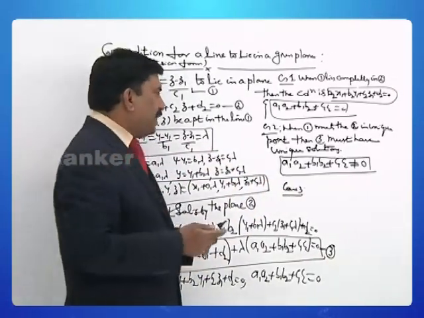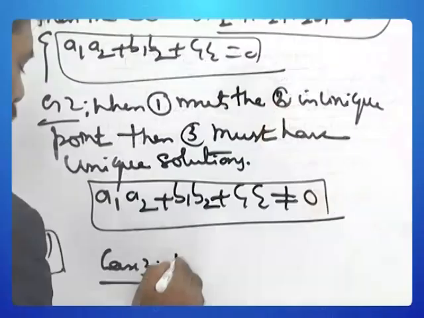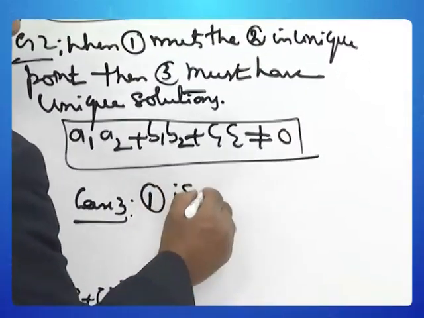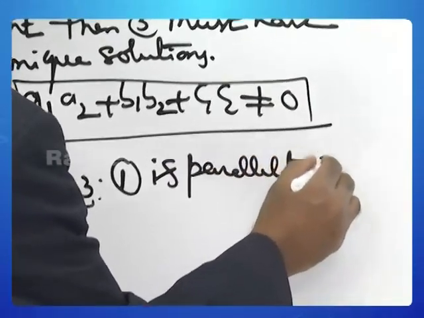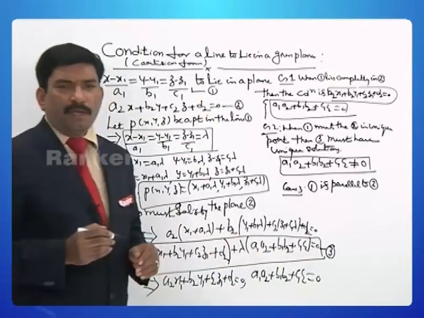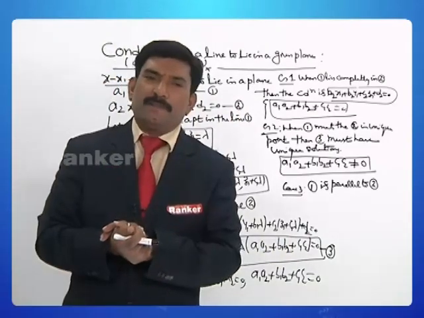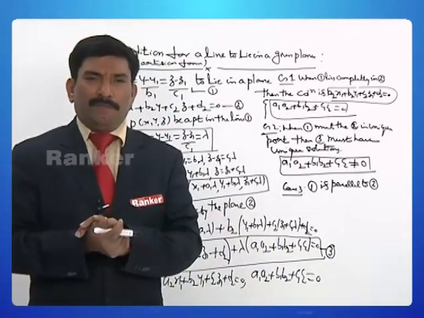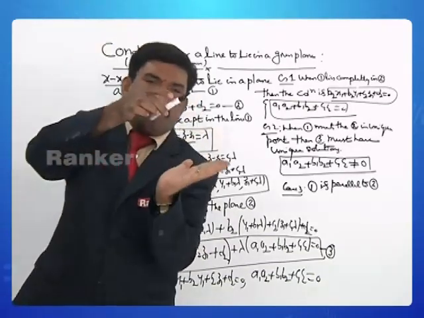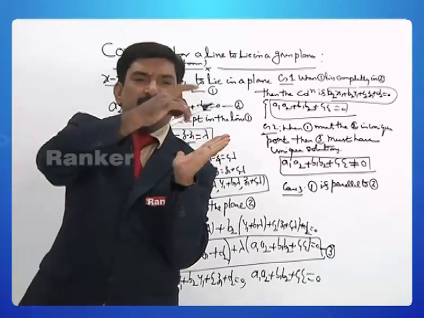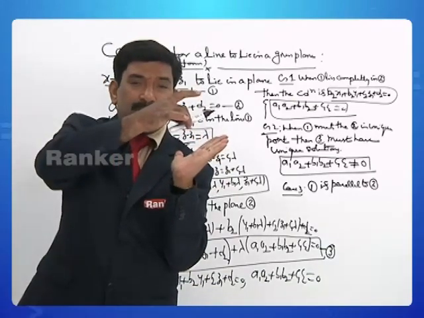Coming to case 3, when line 1 is parallel to plane 2, it never meets the plane. So this is the line, this is the plane. For this plane, this line is parallel. Followed?